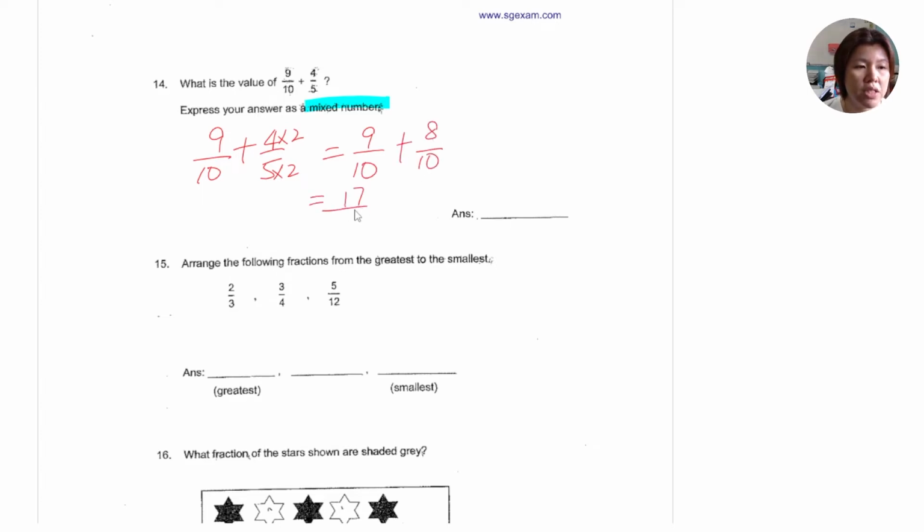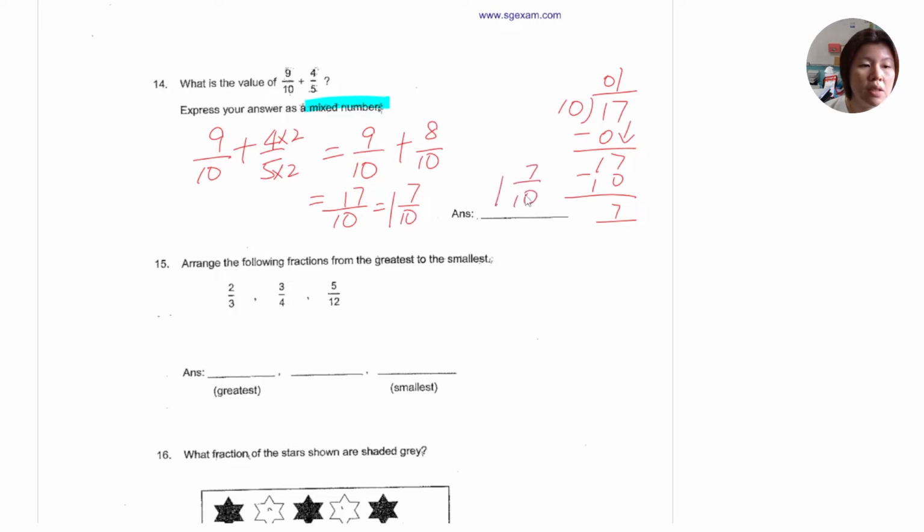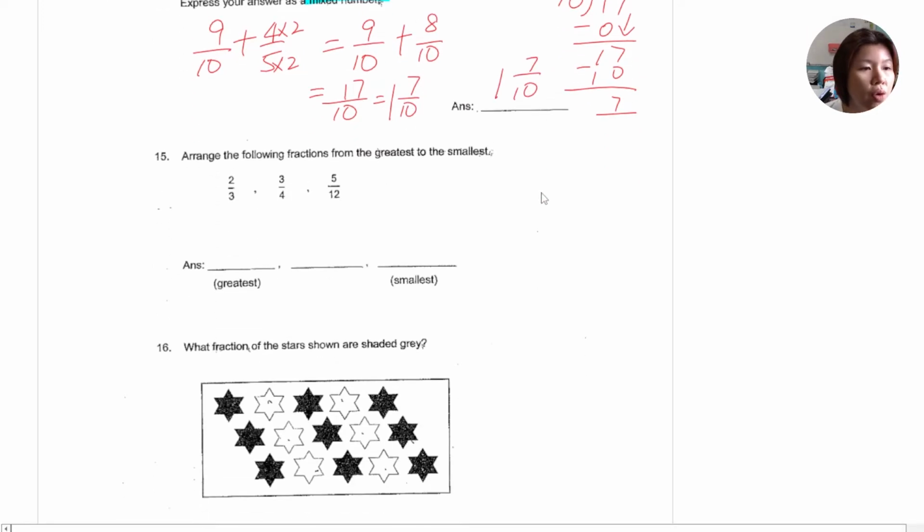It's actually 17/10. And in terms of mixed number, in case you don't know how to mix number, so you take 17 divided by 10. Carry is 1 minus 10. So you have 7. So it's equals to 1 7/10.